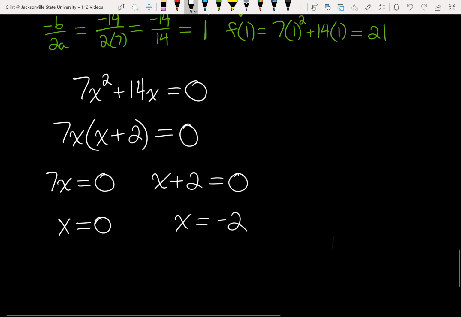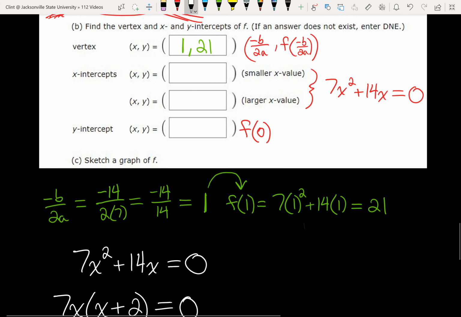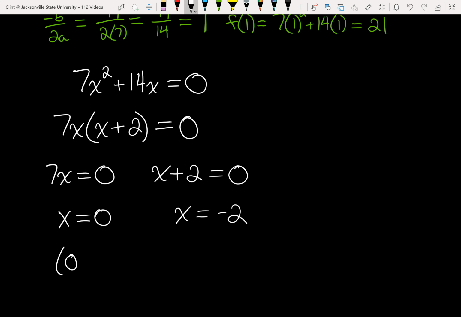And we have to put these in as points. If our graph crosses the x-axis at 0, that means we've got the point 0, 0 on our graph. And if it crosses negative 2, we have negative 2, 0.